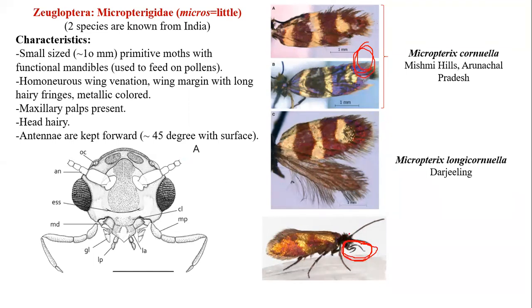Another feature seen during resting is that whenever they rest, they keep their antennae forward, making almost a 45-degree angle to the surface. You are seeing here that their antennae are kept at almost 45 degrees to the surface. So I think that following these characteristics, we can identify this family.